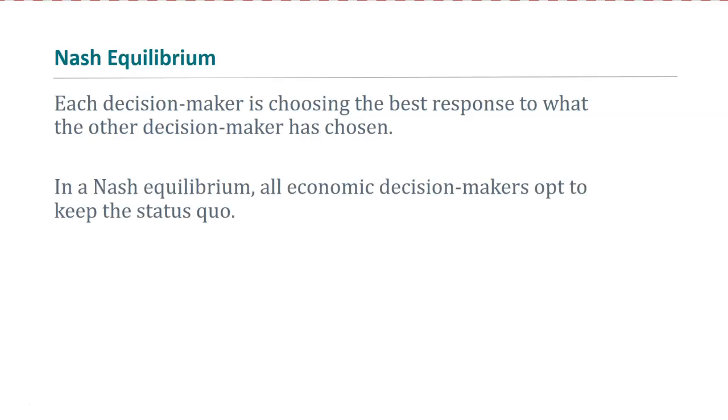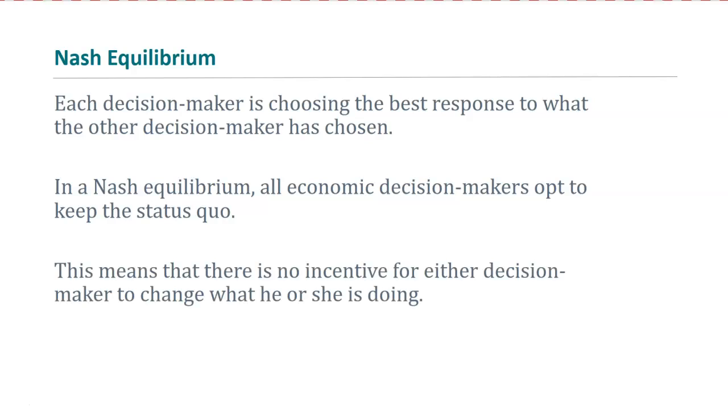So in a Nash equilibrium, everyone opts to keep the status quo. You're happy with where you ended up, given that now you know what the other guy did, right? There's no incentive for either decision maker to change what he or she is doing.